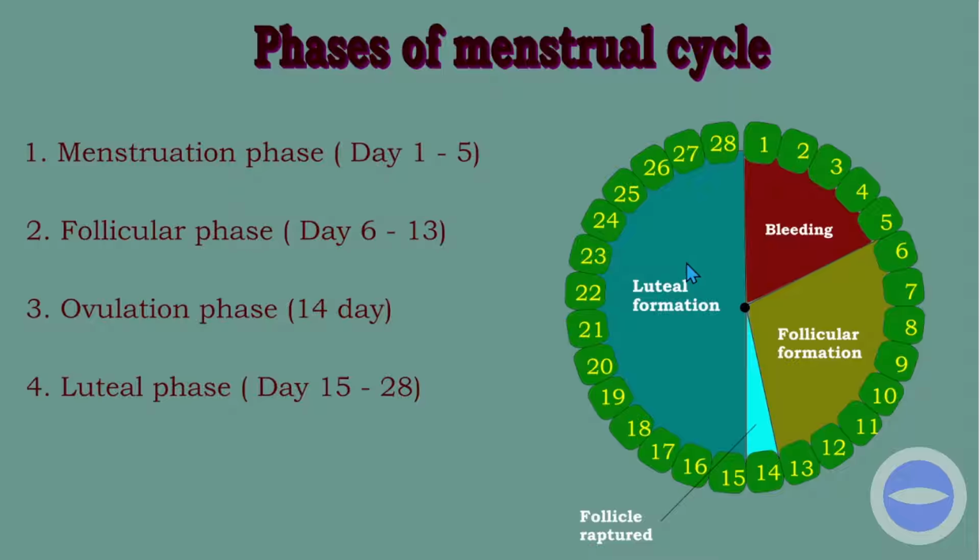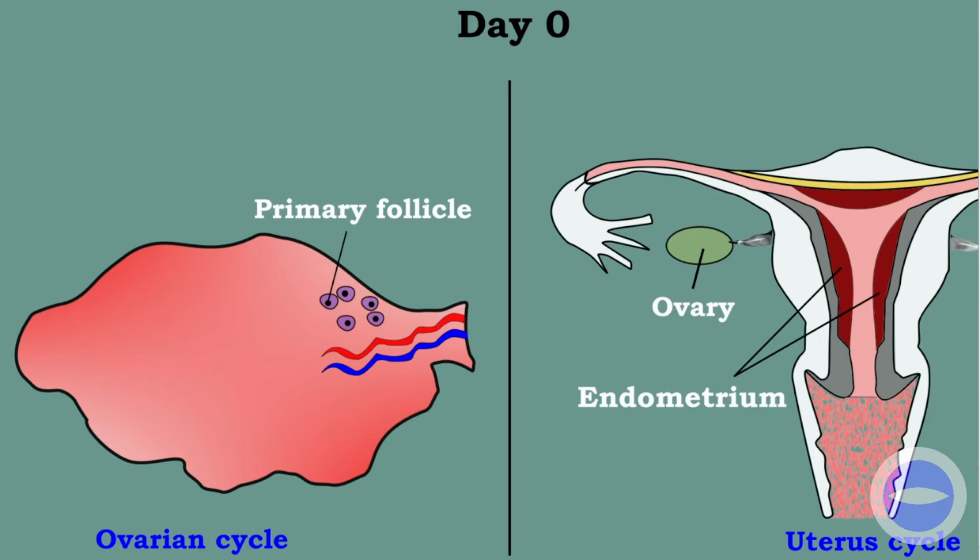And then I will show you all these processes on the cycle. I will do some animation where you can see how the changes are taking place. First of all, let me start by showing you this is the primary follicle. At the start of the cycle, we have primary follicles, and then we have the endometrium, which is at its thickest, which means it's on the highest.